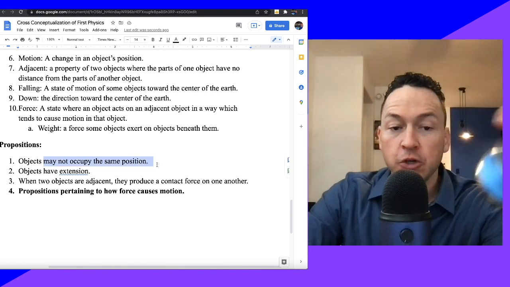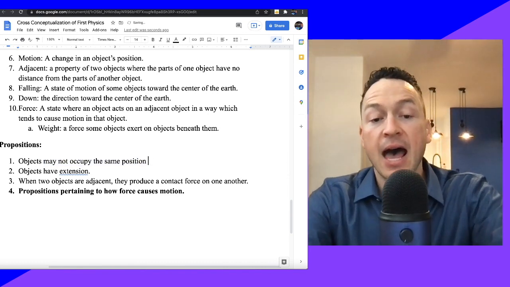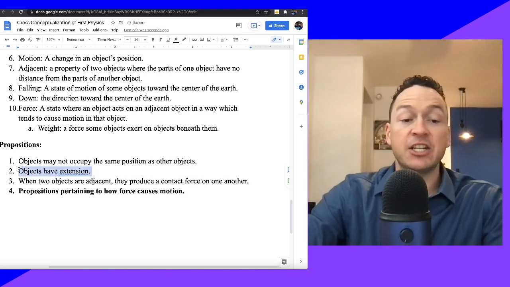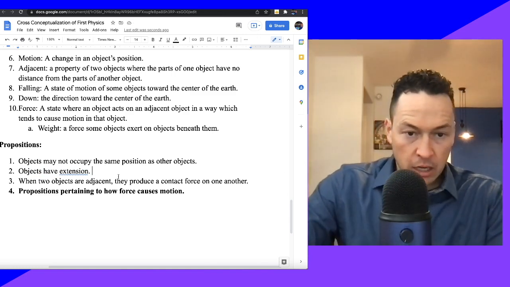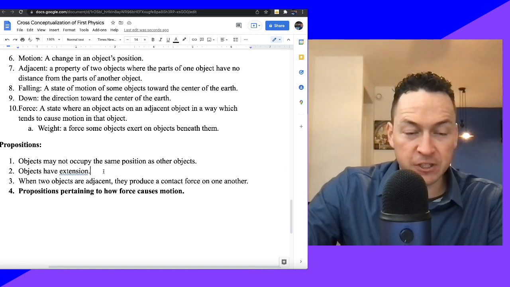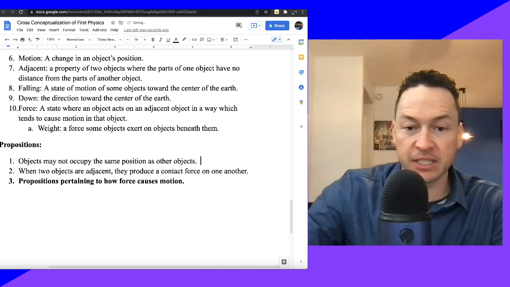Objects may not occupy the same position as other objects. Objects have extension. I think that's enough. Saying that objects have extension is not a very helpful proposition to write down.